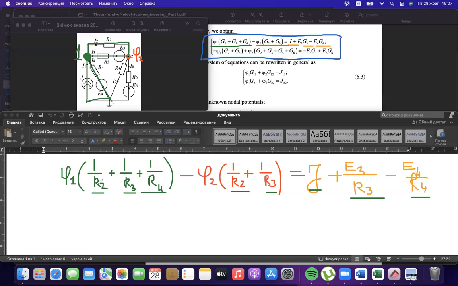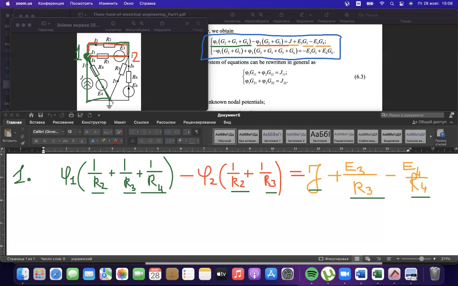Why are we writing R2, R3, R4? Because for the main potential for which we are writing the equation, we are taking all branches, but then for other potentials, we are taking only the branch that is shared and connected with potential number 1.